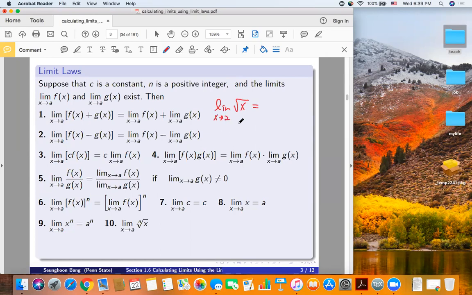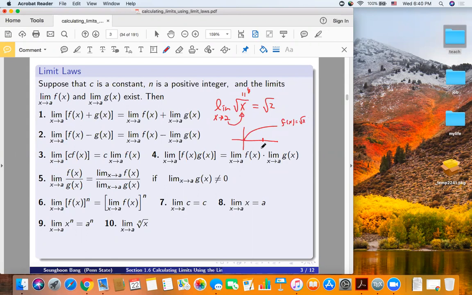There is no plus or minus sign, so it doesn't matter. Here, 2 is approaching, so the answer is square root of 2. Same thing. You can draw the graph y equals square root of x. This is f of x equals square root of x.